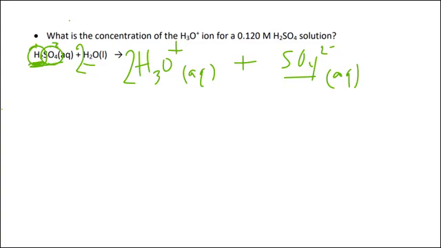And then we can do a quick check and say, how many H's are on the left now? I have two H's plus, if I have two waters, four H's, which is six H's on the left. And on the right, two H3O's is six H's. So now I'm balanced.